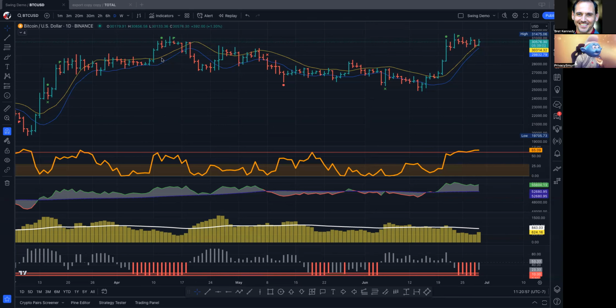The second condition required to identify a trend is not visible in the script, but it's using another indicator called the Williams accumulation and distribution. That's a fancy way of just looking at how prices are moving over a specific period of time.